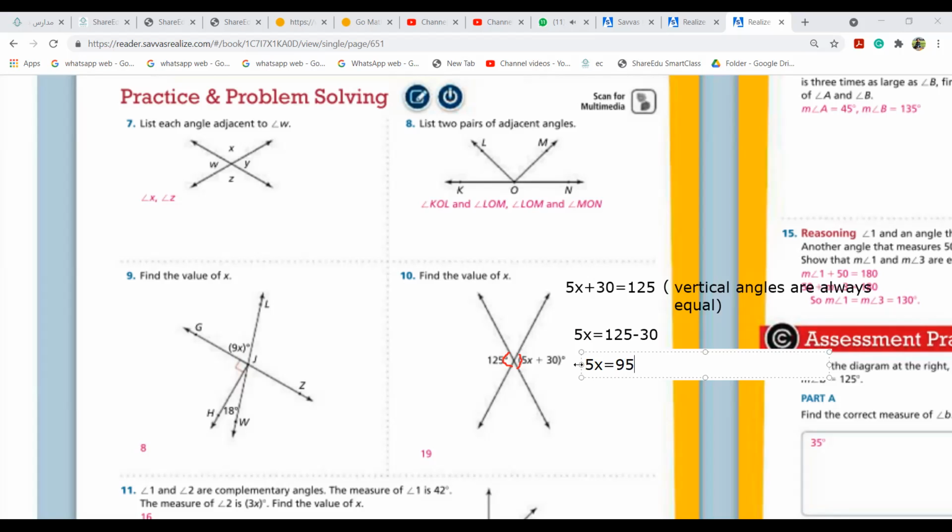Yes, it's 95. Okay, so what is 95 over 5? x equal 19. That is your answer. I hope you understood this part.